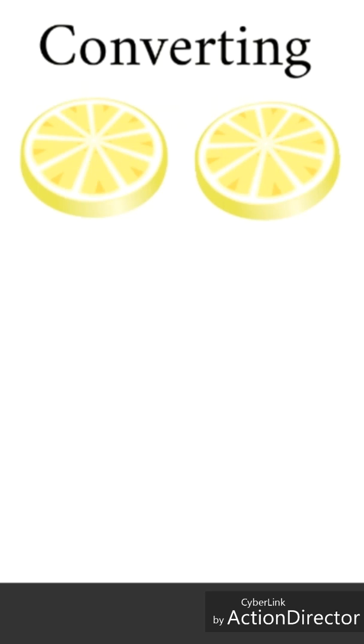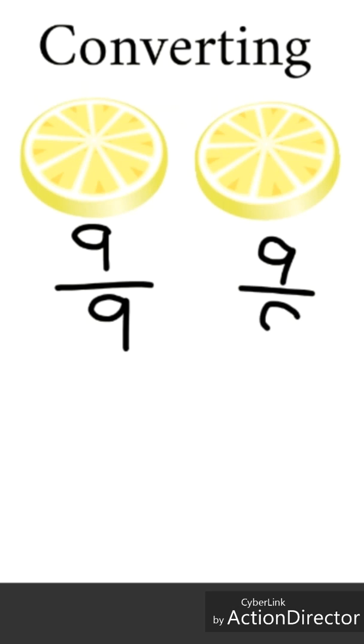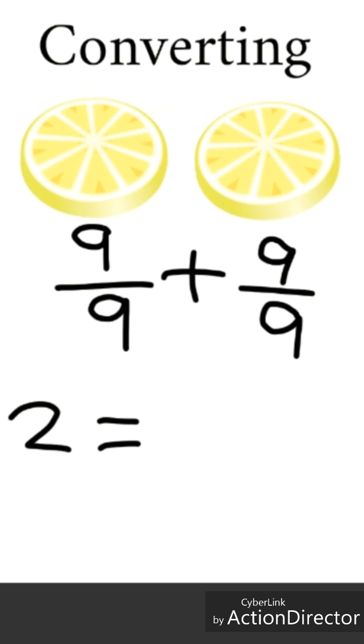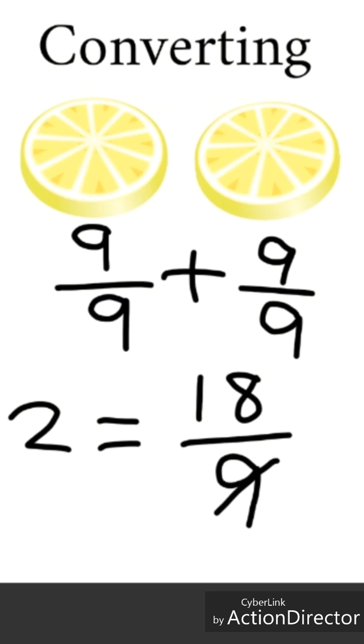This is 9/9 and this is another 9/9, so it's basically 2 wholes, or you could add them to get a fraction. 2 wholes is equivalent to 18/9. And again, if you simplify it, it equals 2/1, so it's completely your choice, 2 or 18/9, but you also have to look at the question in order to really get it.